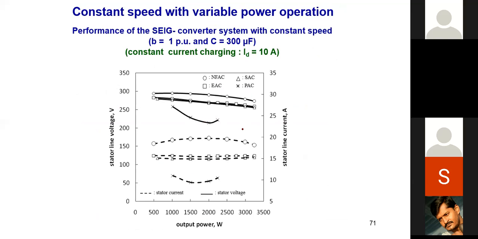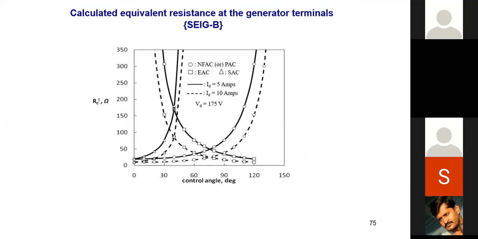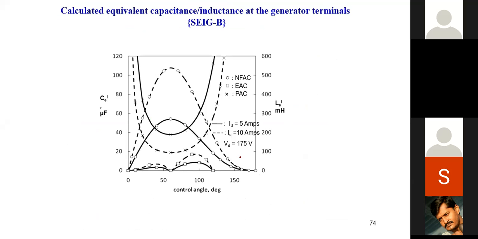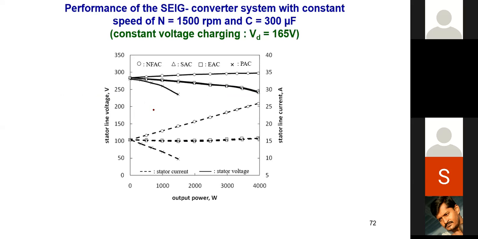Here we also experimented whether the machine generator characteristics are reflected or not. We tested that it is reflected, and how it reflects with respect to the control scheme. For example, phase angle control is a lagging power factor load, and symmetrical extension angle control will act as a capacitance.